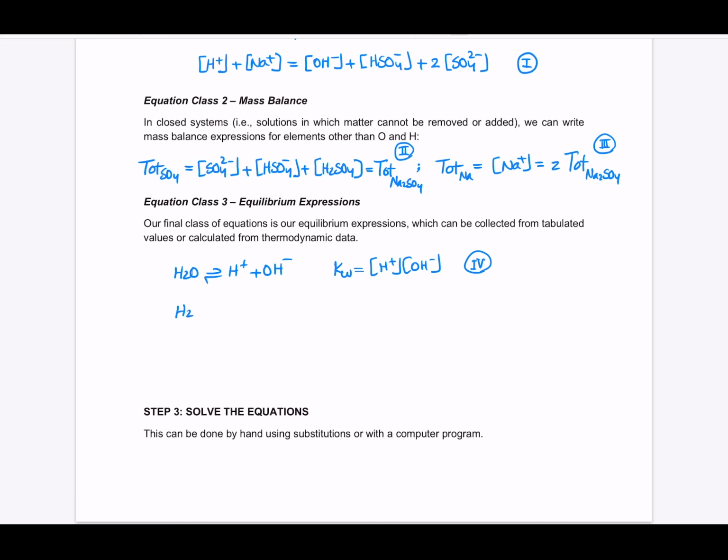We know the first dissociation of sulfuric acid, and this would be Ka1. And then the second one for sulfuric acid.